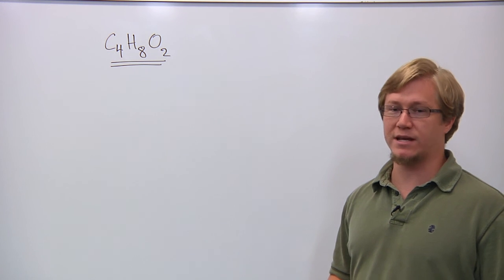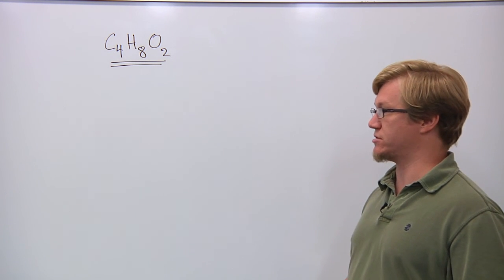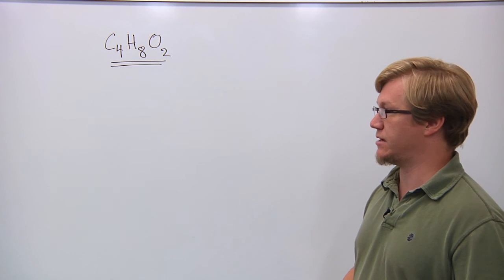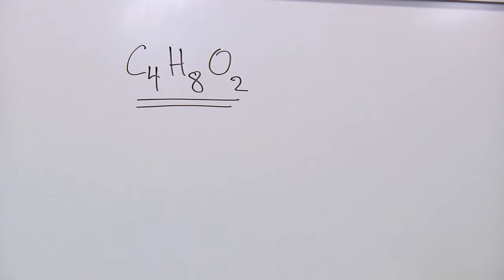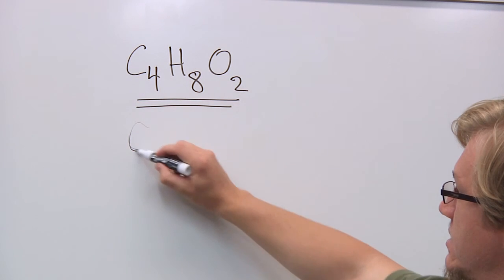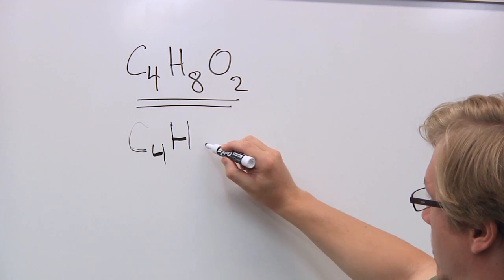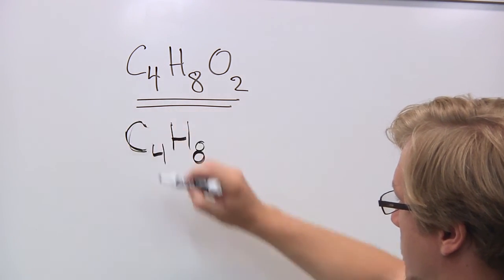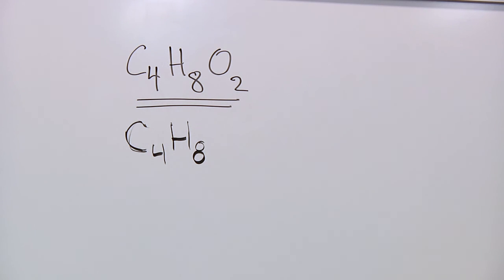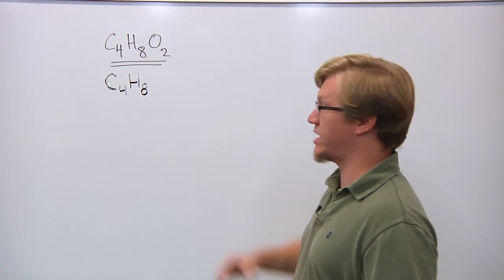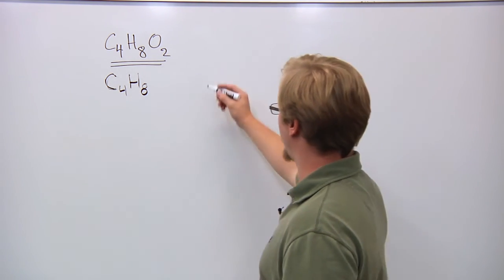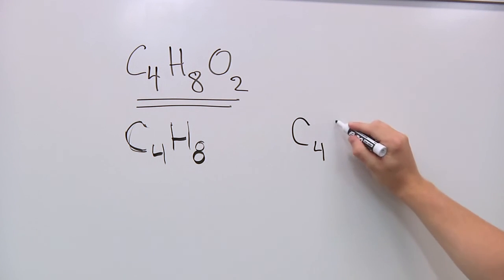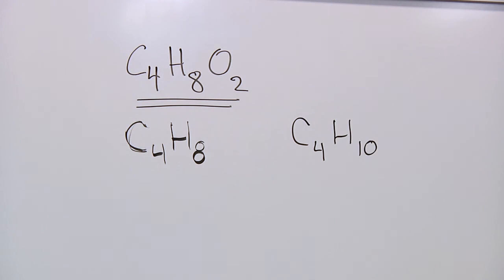To do that, we are going to calculate the index of hydrogen deficiency. To calculate the IHD, we are going to ignore these oxygens, if you'll remember that oxygens have no effect on IHD. So we're going to look at this as a C4H8. Now, we're going to compare C4H8 to a normal alkane having 4 carbons, which would be C4H10.